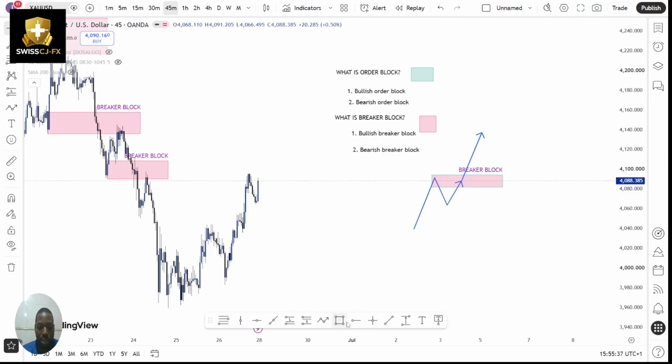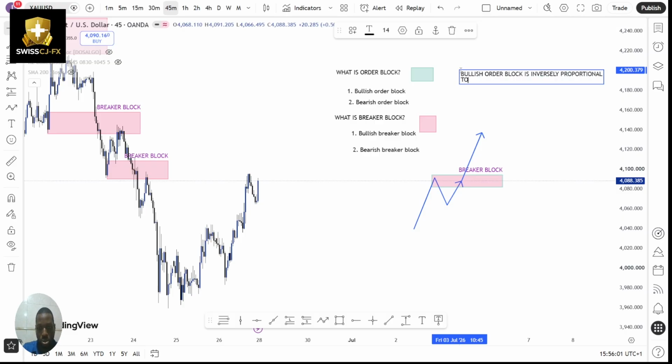So let me just put it in physics, it goes like this: a bullish order block is inversely proportional to the bearish breaker block.